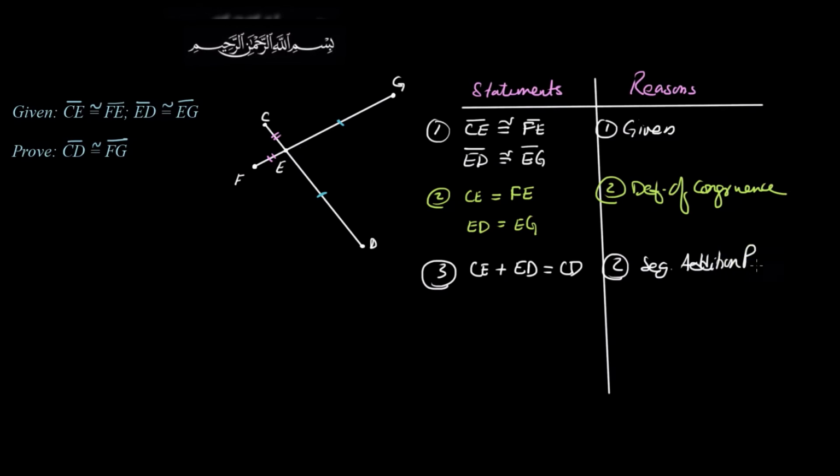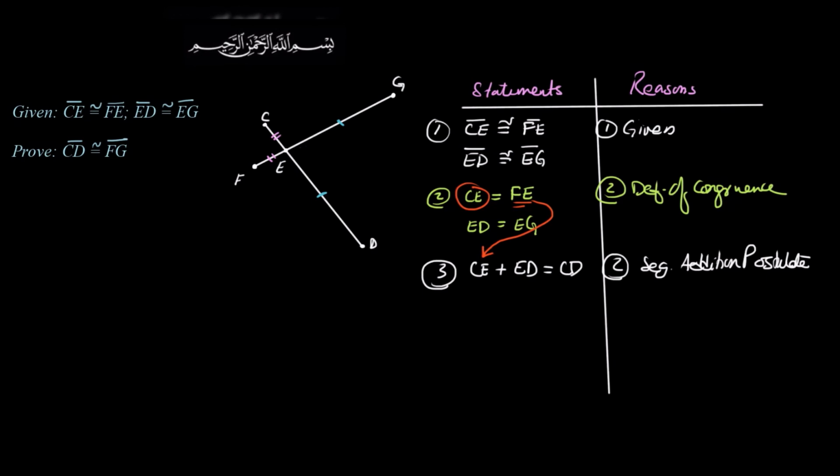Now what am I going to do next? Since this is the case, watch this. If CE plus ED equals CD, but I know CE to be FE, I can substitute FE in place of CE.